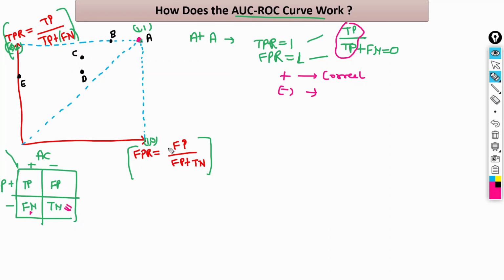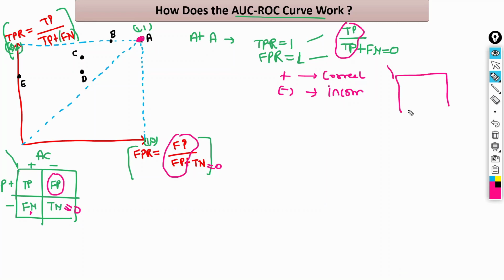We get 1 when TN is equal to 0, which means all the negative classes come under false positive. So all the negative classes will be incorrectly classified at point A, right?